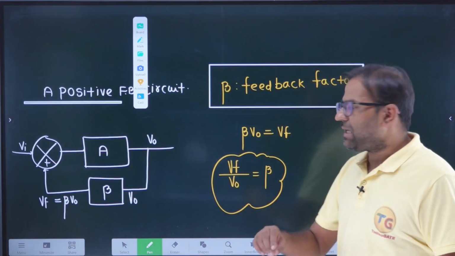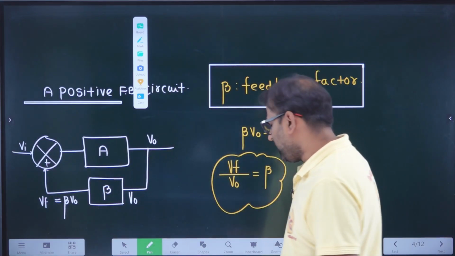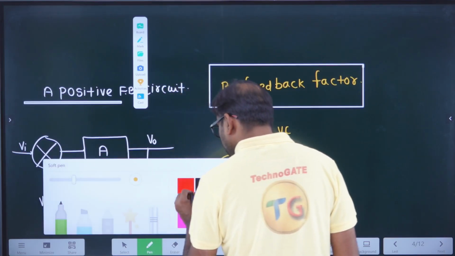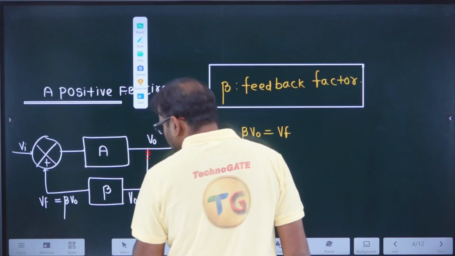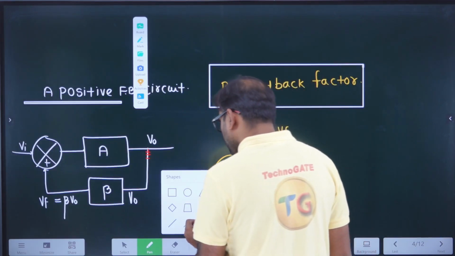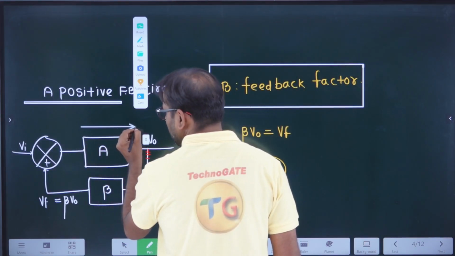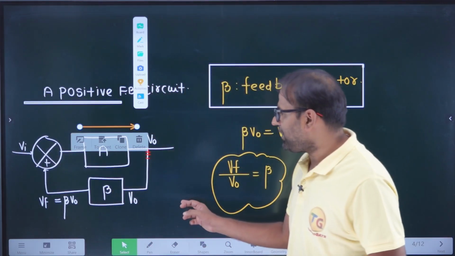So a link which is connecting output and this adder is known as feedback path. Which part is feedback path? I am highlighting it. In the whole network the signal is traveling from source to output. What is the direction of signal? Signal is moving from input to output.